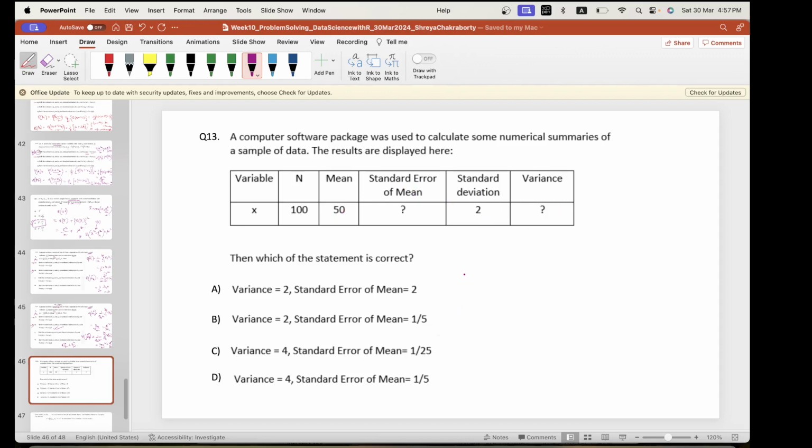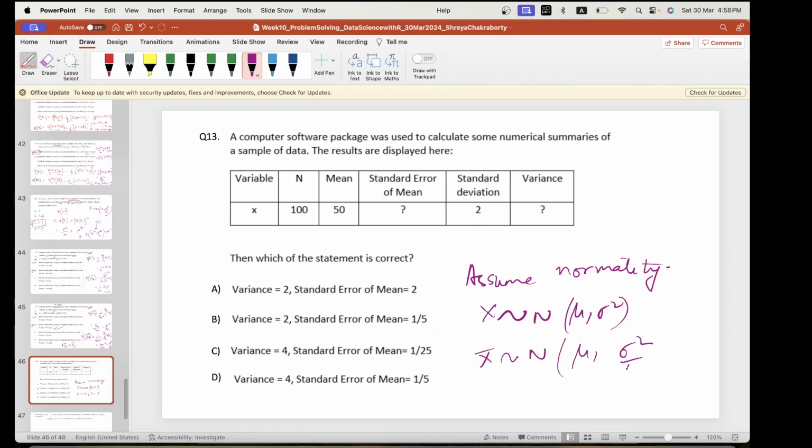Okay. So assuming normality, if x follows normal mu sigma square, then x bar follows normal mu sigma square by n. So standard error of mean is actually sigma by root n.